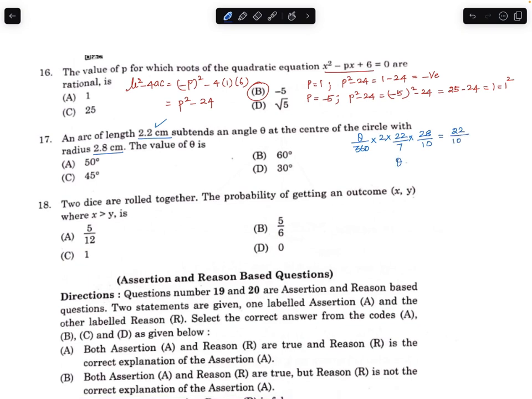Retaining theta on the left hand side, we get 22 upon 10 into 360 into 7 into 10 upon 2 into 22 into 28. On simplifying this, we get theta as 45 degrees. So the answer is option C.